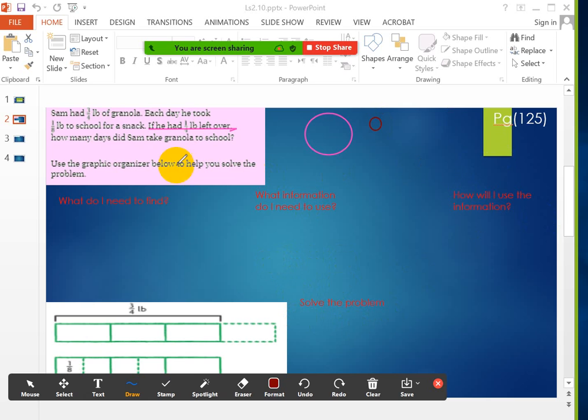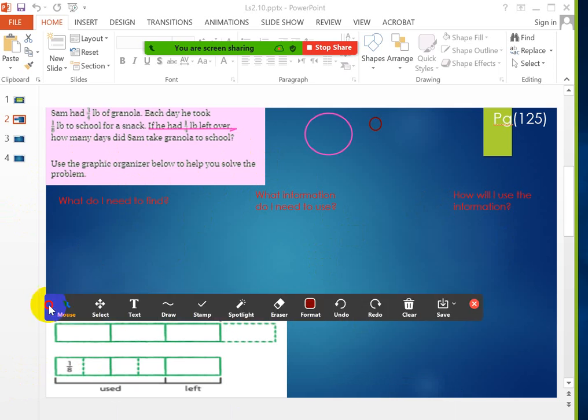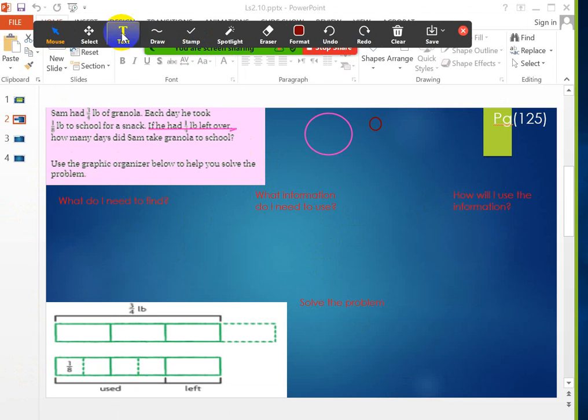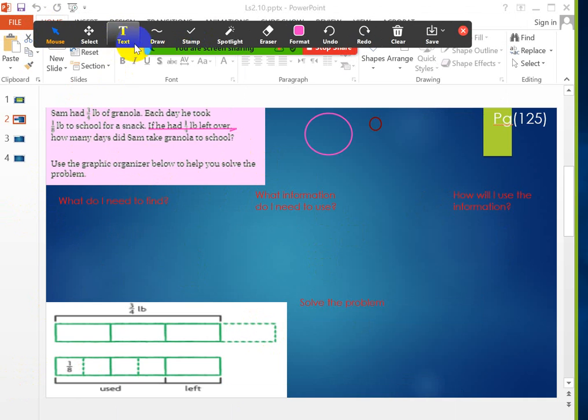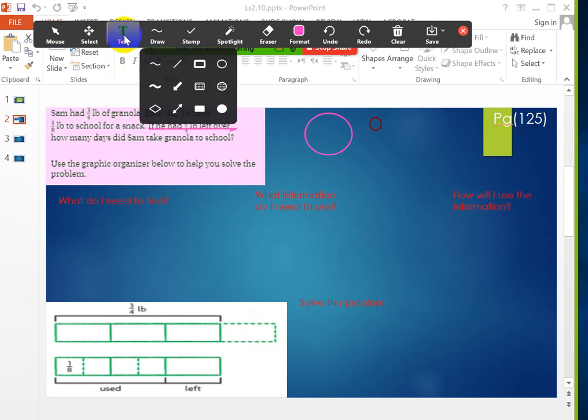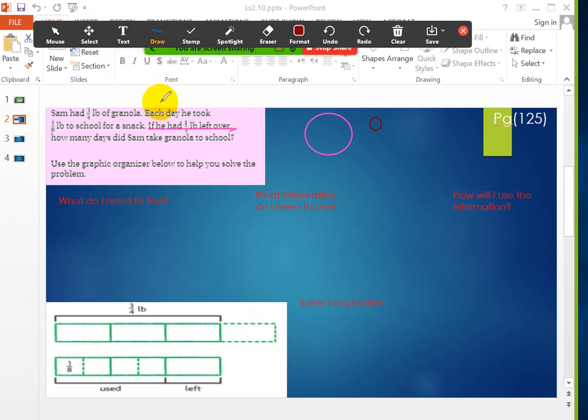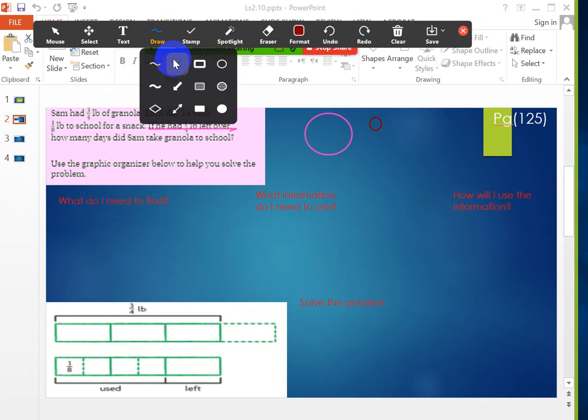So let's start with the first step, which is read the problem. Read the problem has three things. First thing, what do I need to find? It depends on the question in the problem.